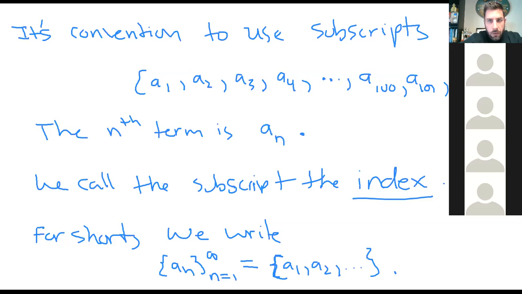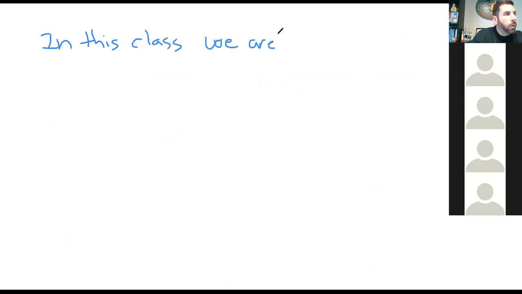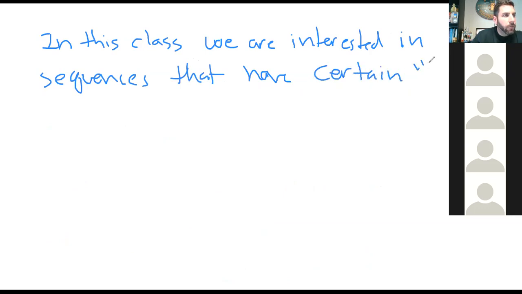So what are we interested in? Well, we're not just interested in any types of sequences. So in this class, what we are interested in are sequences that have certain, how do we say it, patterns.